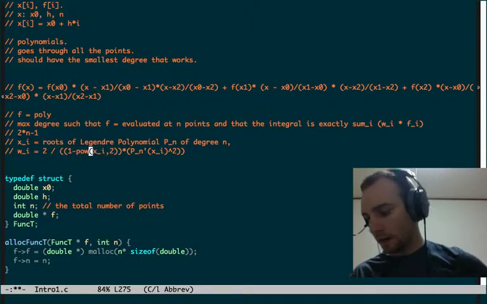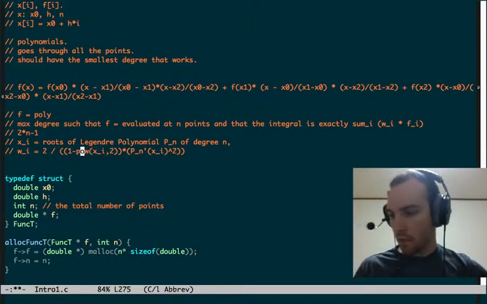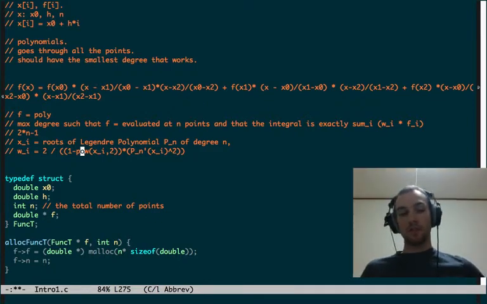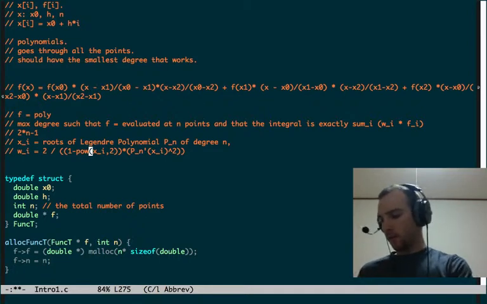That will be the weight. Okay, seems pretty random, doesn't it? So that's why I don't want to go exactly into the details.